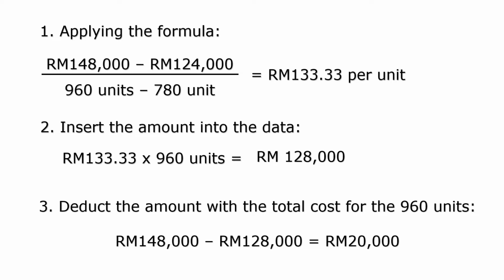In this case, 148,000 is the cost for the highest activity level, and we compare this with the cost for the lowest activity level, which is 124,000. The difference, we divide with the difference of the output between the highest and the lowest. This will give us the variable cost per unit, amounting to 133 ringgit and 33 cents per unit. Please take note, I use the words per unit.